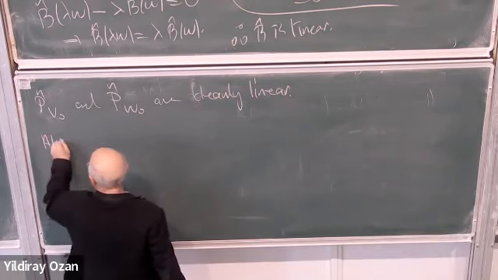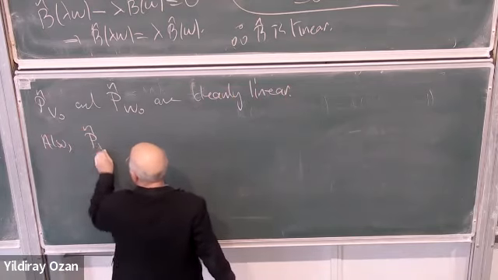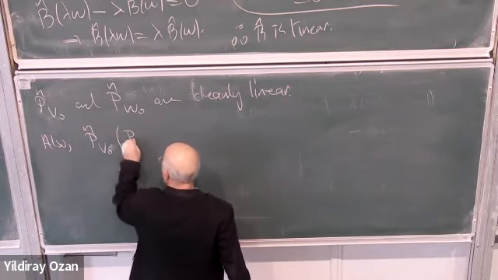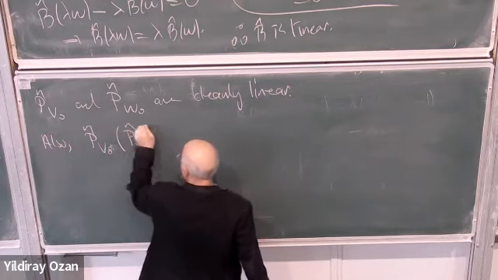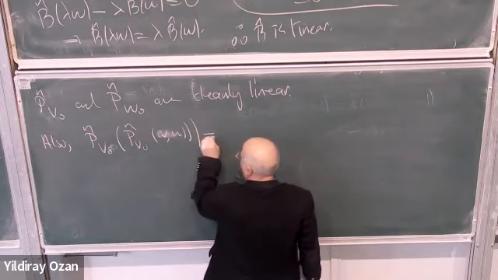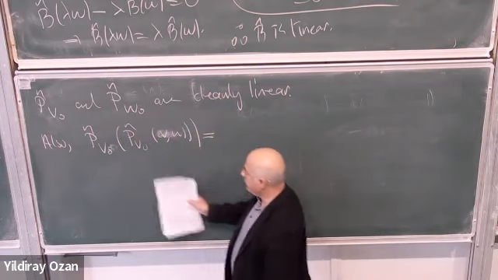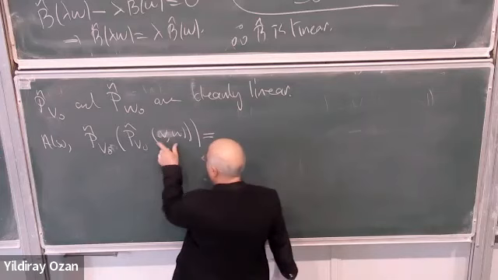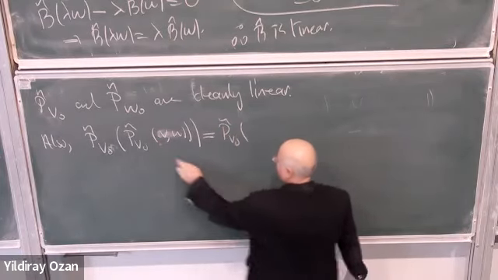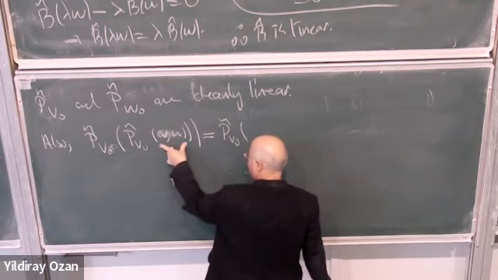Also, what is this map? So, square of this map applied to an element. So this is P hat V0. P hat V0 of this is what?